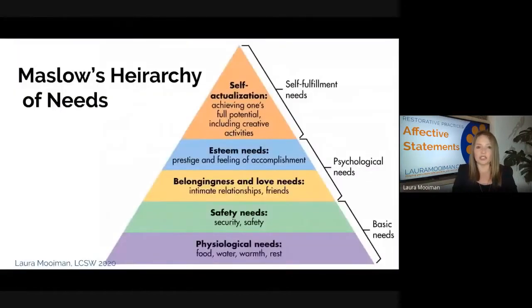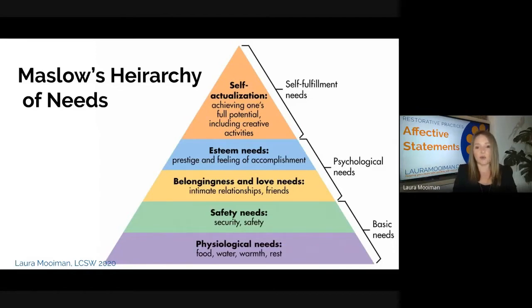A lot of it's based, among other theories, on Maslow's hierarchy of needs, and it's from our child development classes that many of us took in college. Really what we're looking at, every human being needs their physiological needs met and safety and security needs met.